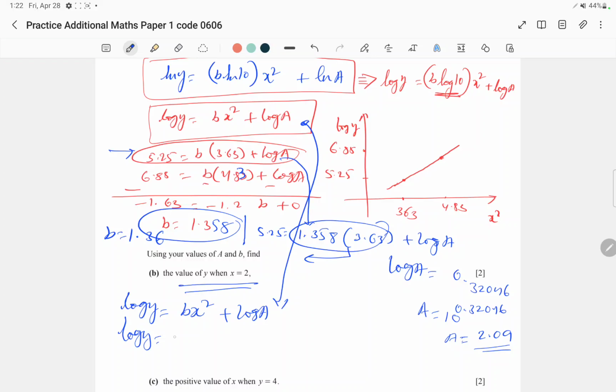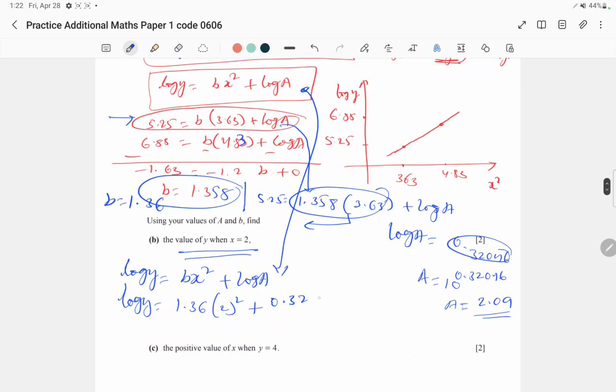So log y, b I already found, which is 1.36, and x is given as 2, so 1.36 times 2 square, plus log a, which we already found, 0.32 only. Yeah, 0.32 is enough. So just calculate how much. It is 1.36 times 2 square plus 0.32, which is 5.76. So log y is 5.76.